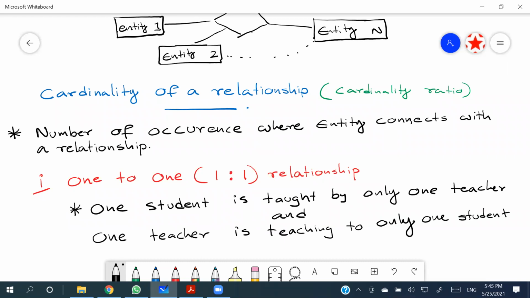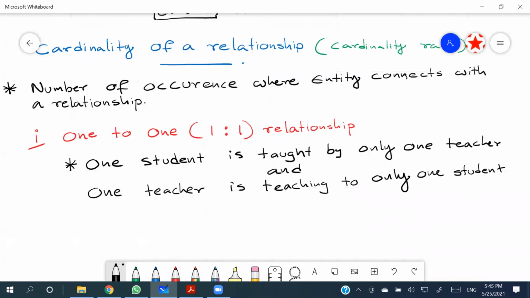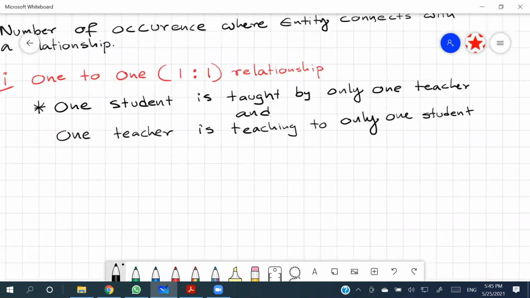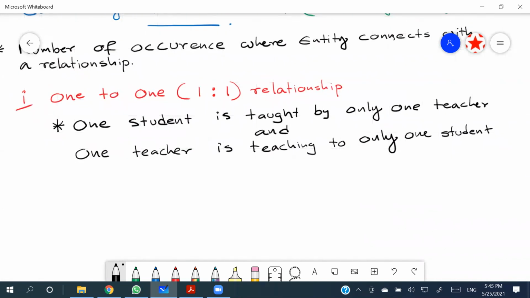Now, just concentrate on what they have said. They are describing the relationship between the teacher and the student in both ways, from teacher to student and from student to teacher. So in this scenario, you have only two entities. What are the two entities? There are two types of entities, the student and the teacher.